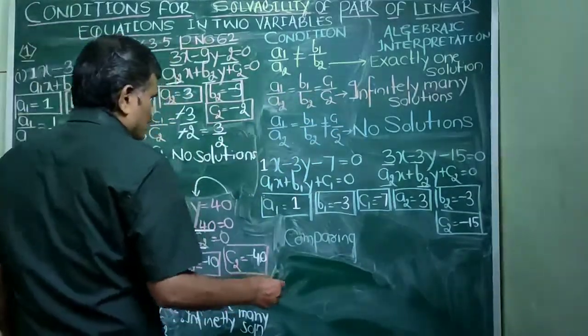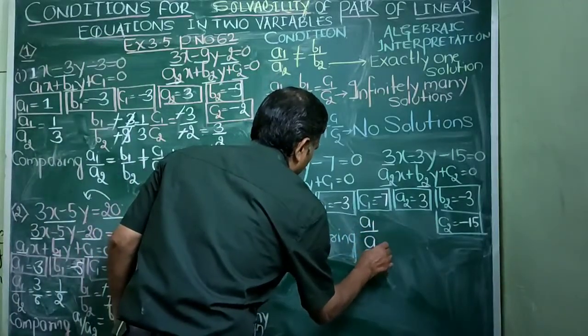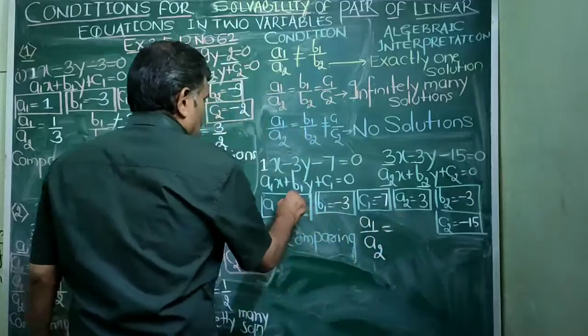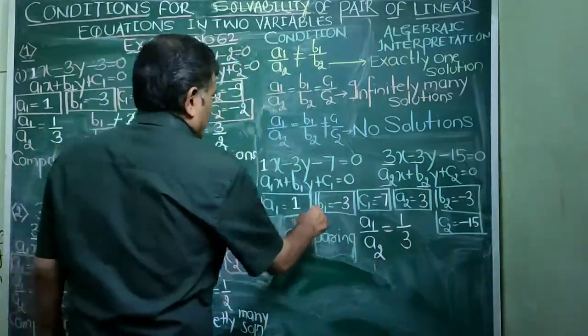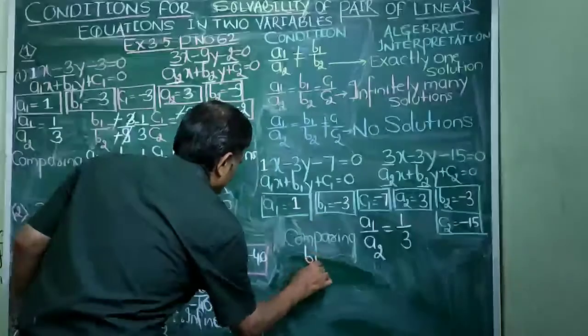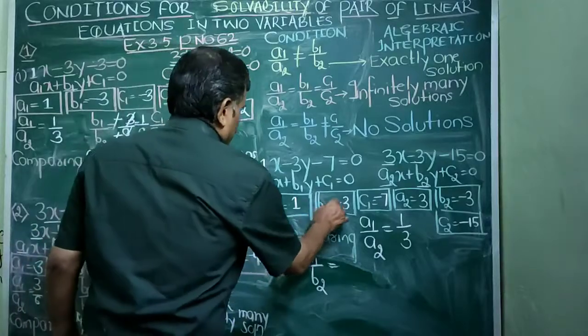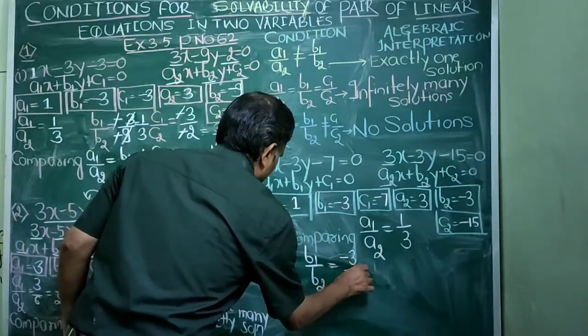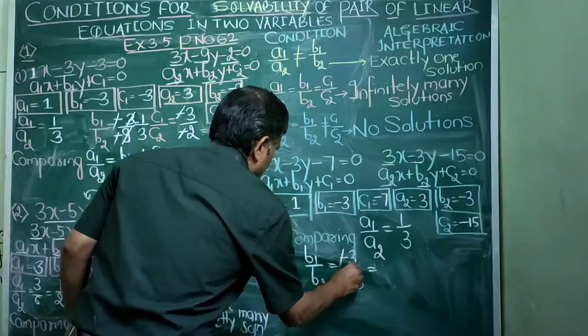Now let me compare the coefficients. Let me find out the ratios of them. Let me take A1 by A2, it is 1 by 3. Let me take the ratio of B1 by B2. B1 is minus 3 and B2 is minus 3, so minus and minus cancel here.